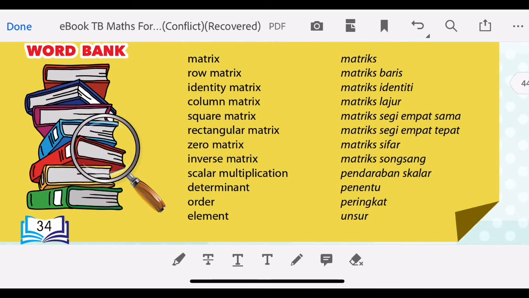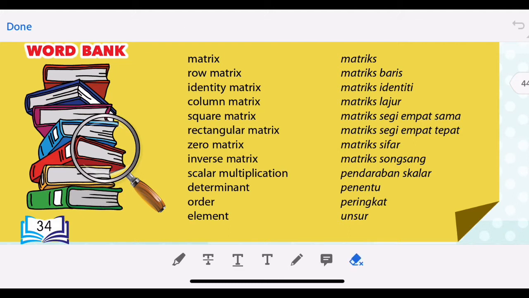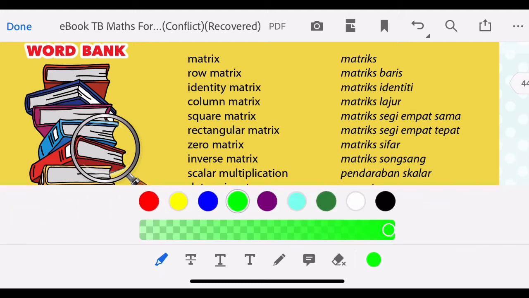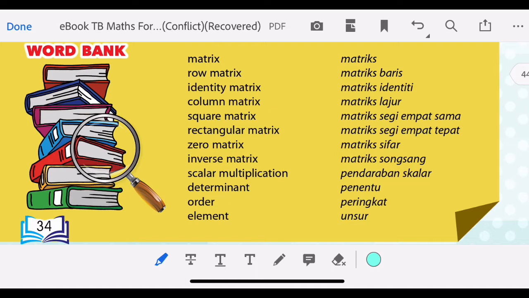Now, for this topic, the most important keywords that you must master, there are so many important keywords. Matrix, of course, is one of them.